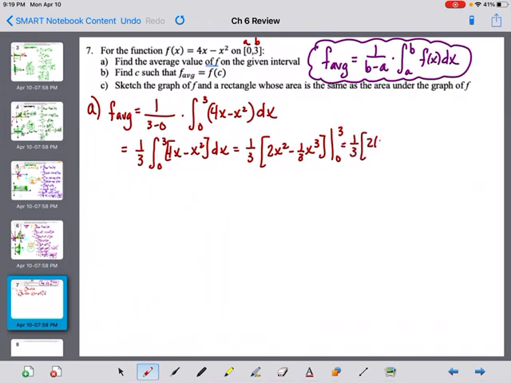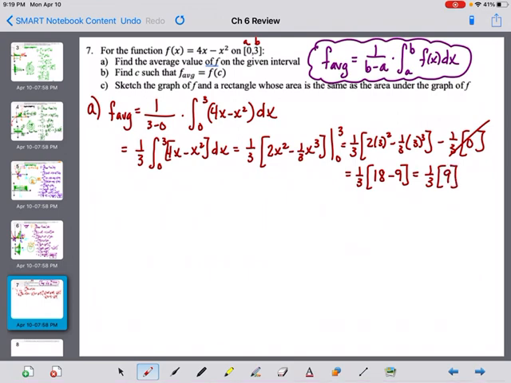So 1/3 times 2 times 3 squared minus 1/3 times 3 cubed, minus 1/3 times, well, when I plug 0 in for both of those, I'm going to get 0. So simplifying this, 3 squared is 9 times 2 is 18. 3 cubed is 27 times negative 1/3 is negative 9. So I get 18 minus 9. So I have 1/3 times 9, which is 3.